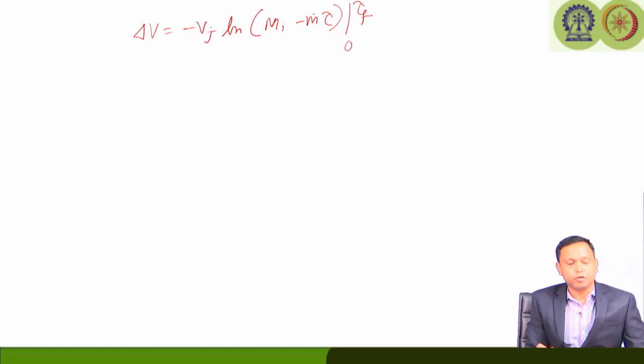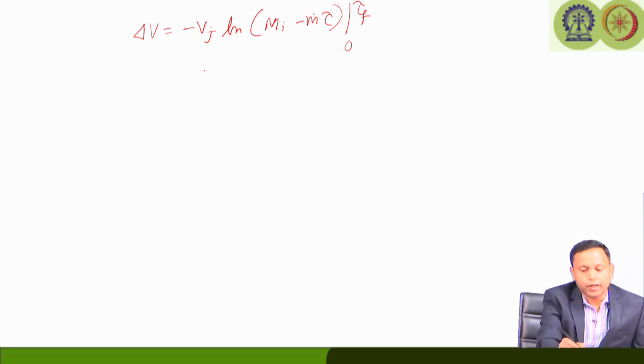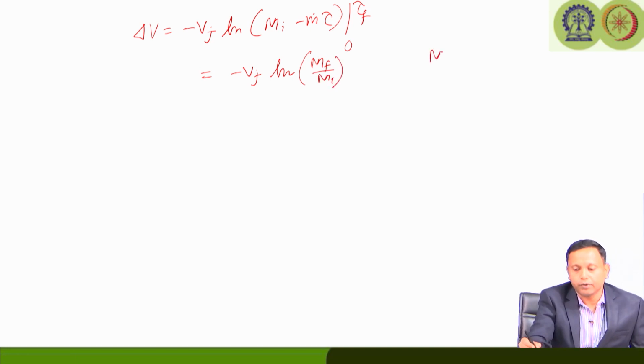Tau f is the final time duration of firing. So, what will we get? We will get minus vj, and at time instance tau f we will get the final mass. So, it will be the ratio of mf by mi, whereas mf is the final mass.